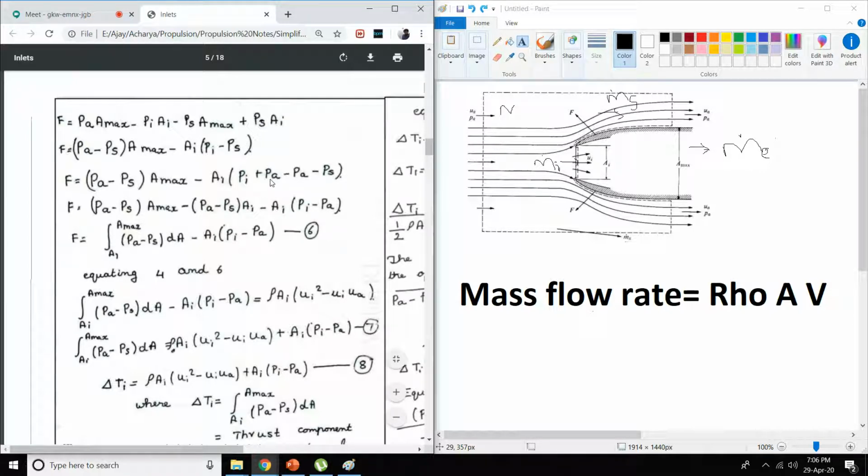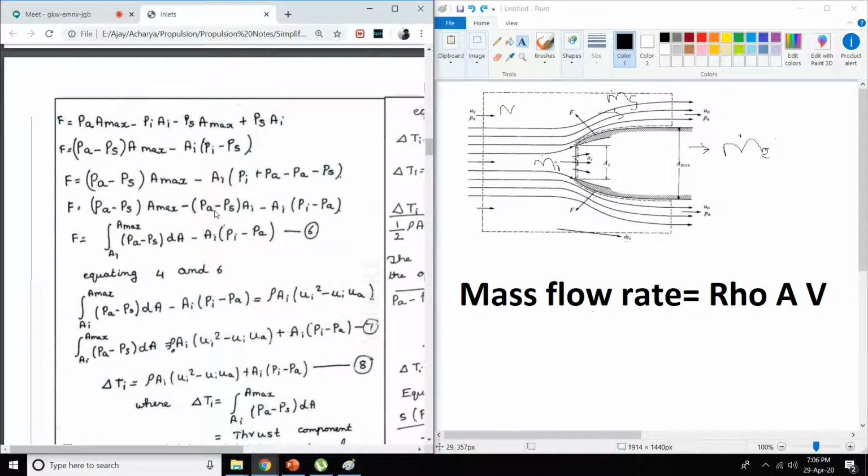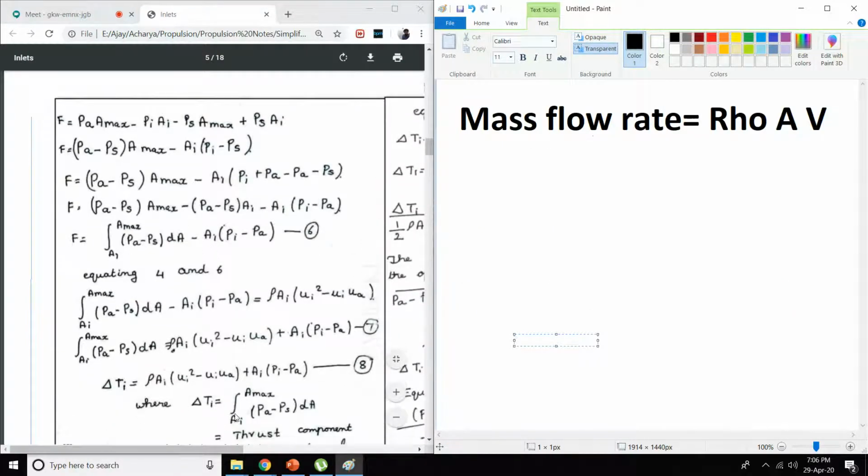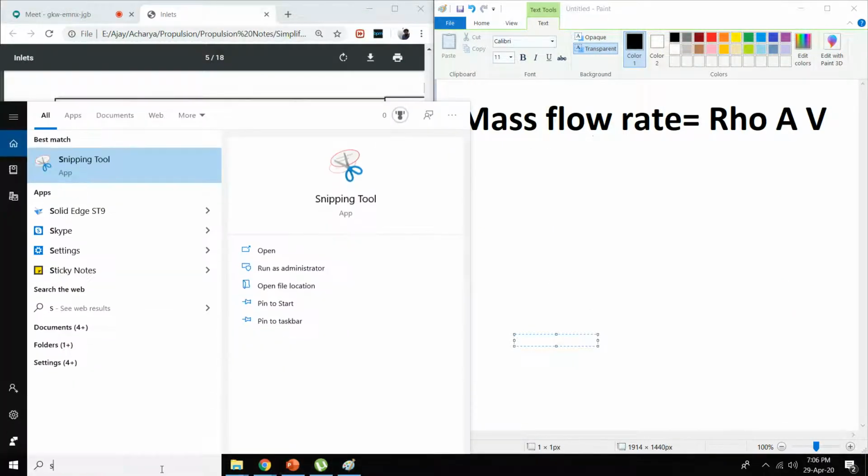So you're separating out PA minus PA. Got it? PA minus PS into Amax minus AI into PI minus PA. So now what happened?